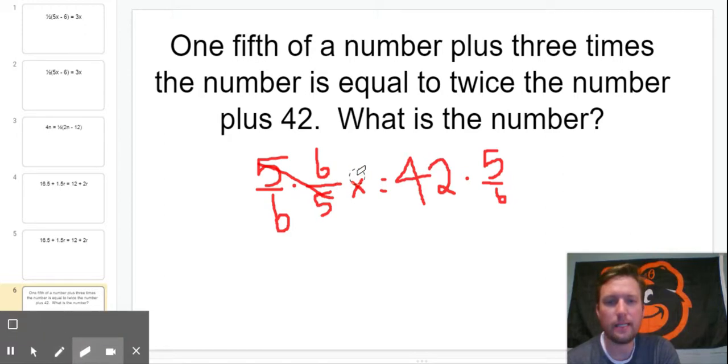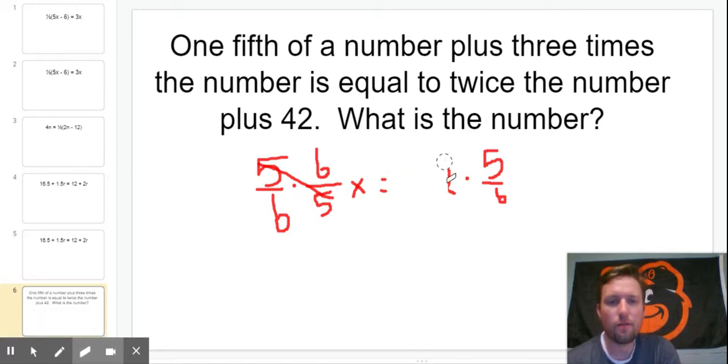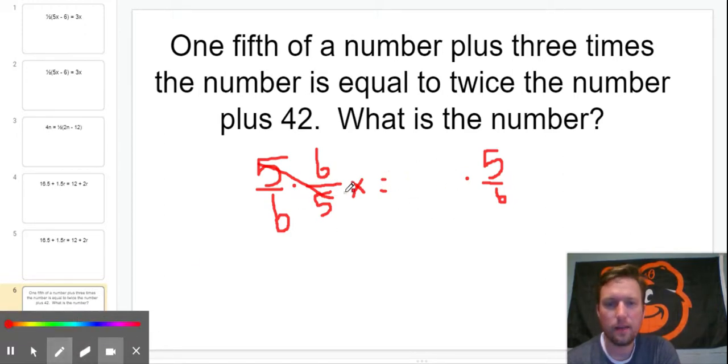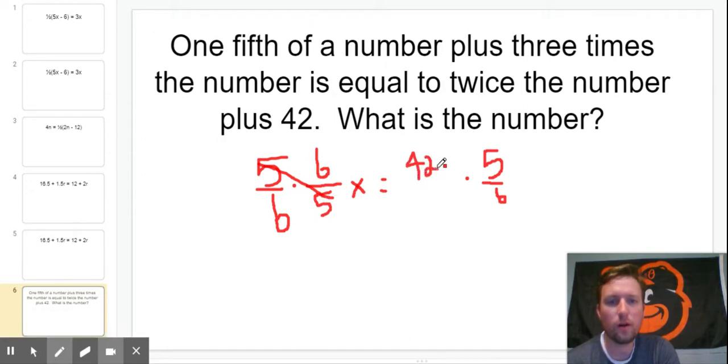What I can do is take 42 and write that as a fraction, and that would be 42/1. Very good. Now, I can multiply this out and then simplify, or my preference is to simplify before I multiply. It just helps me to keep the numbers a little bit smaller. So you look at cross simplifying.